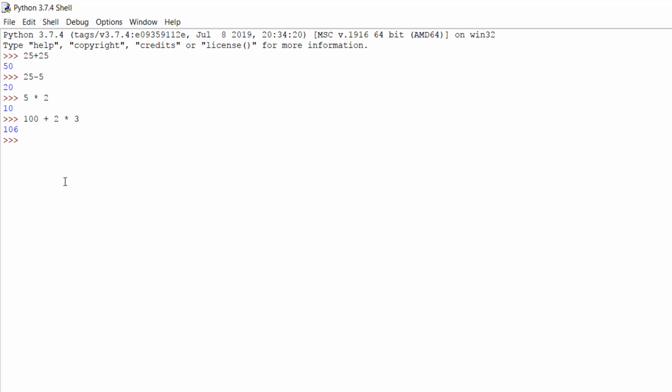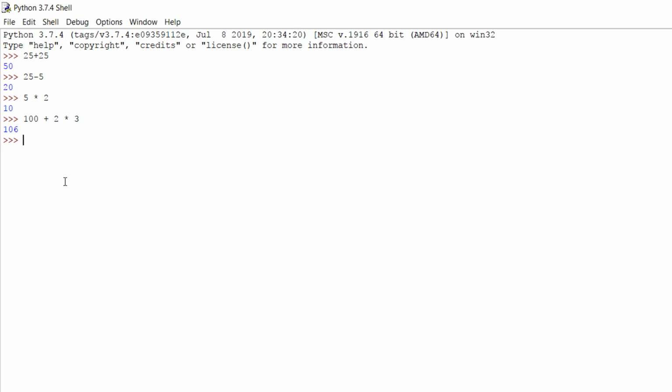If we divide the number and we get the remainder 0, it should be an even number. And also the modulus operator is used to know the remainder.